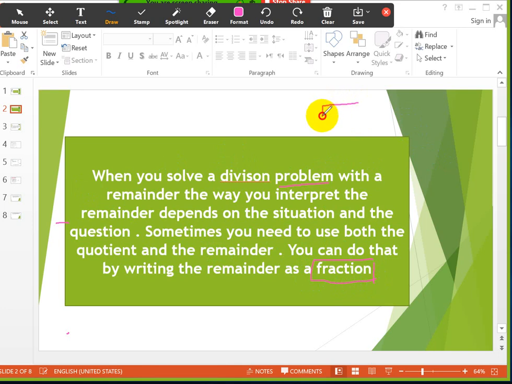So I will divide the number by a divisor. If there is a quotient and a remainder, I have to use both to describe the answer, but I can't write it as it is as a number. You have to write it as a fraction, and now we will learn how to write it.